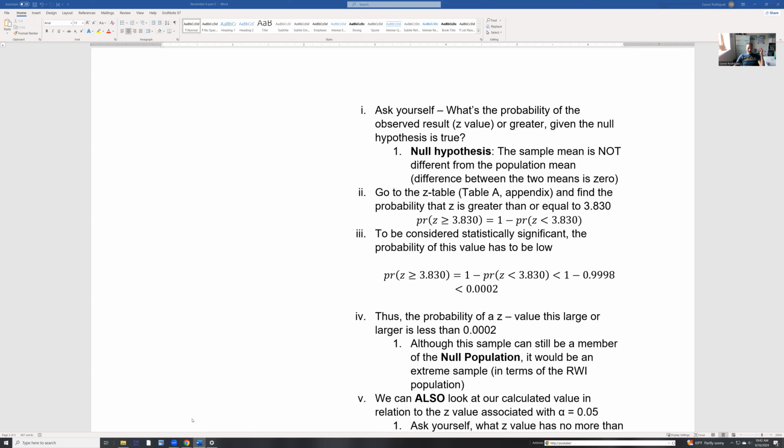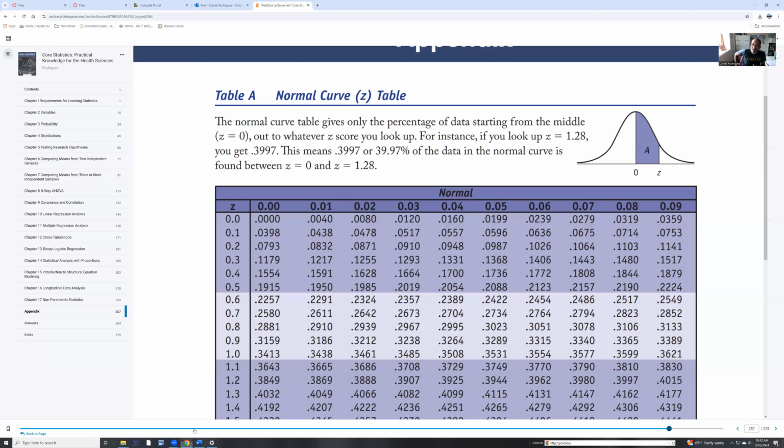Now, to do that, we're going to go to the appendix of your book here. And this is a z-table. The z-table is just like the distribution I showed you moments ago. It's centered at 0, so it has a mean of 0, and then all the values to the right or left are standard deviations away from the mean.